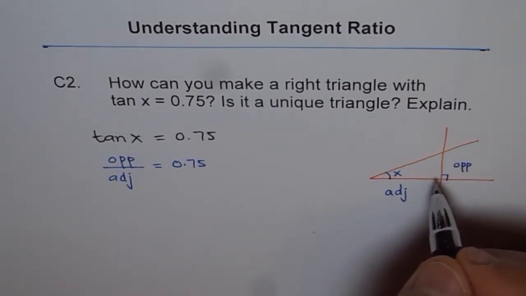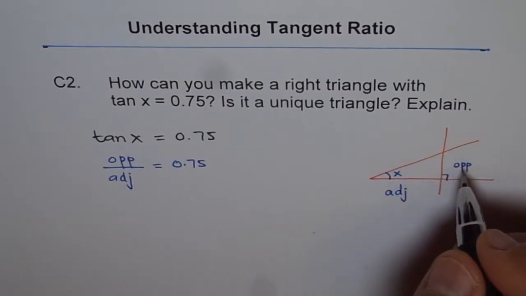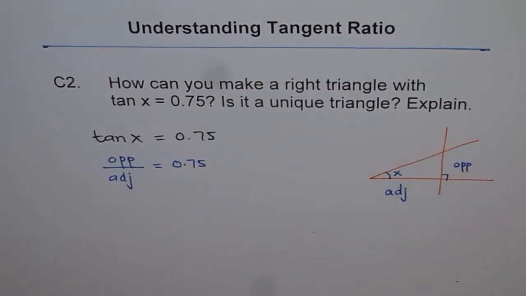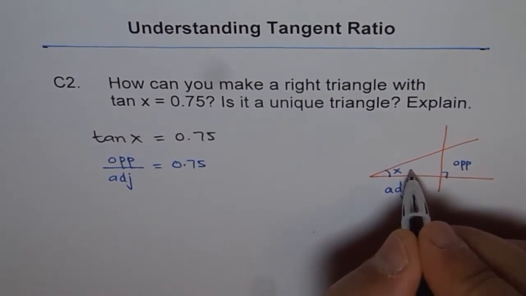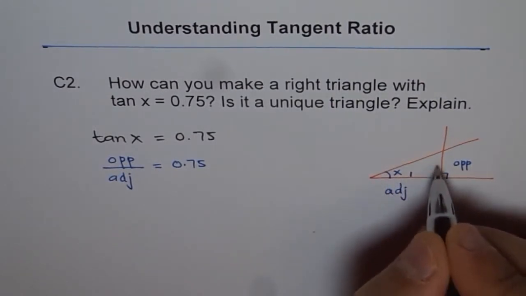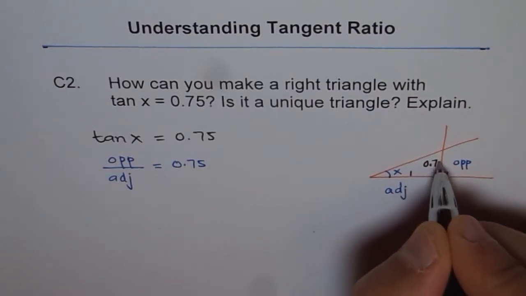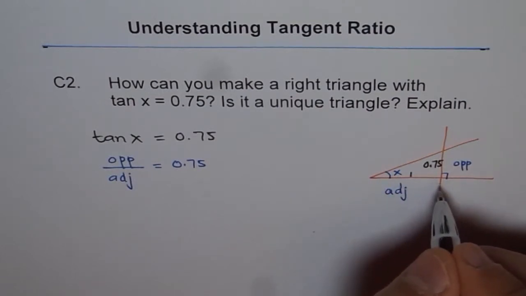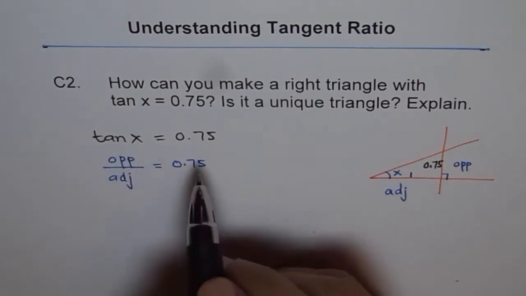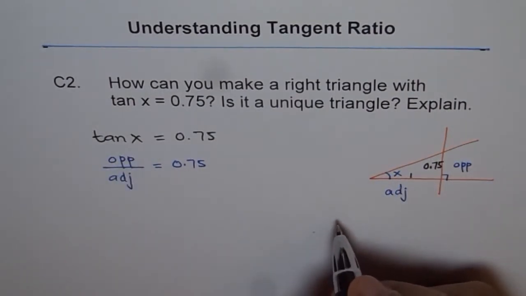So it's just a ratio. So it could be any triangle which has that kind of ratio. So one triangle could be that I can make this triangle with this adjacent side as 1 and the opposite side as 0.75. So this is one possibility.